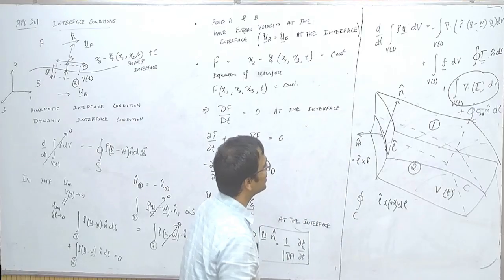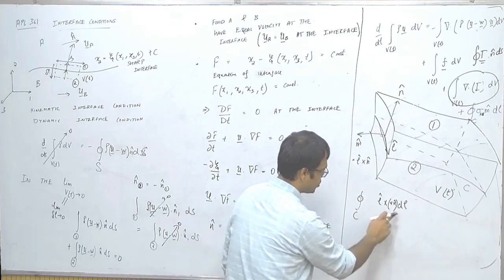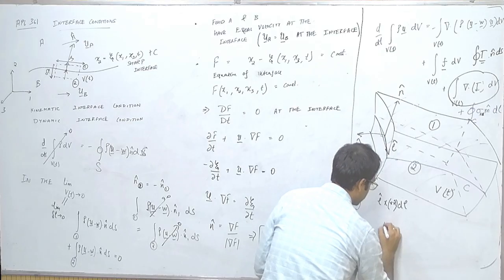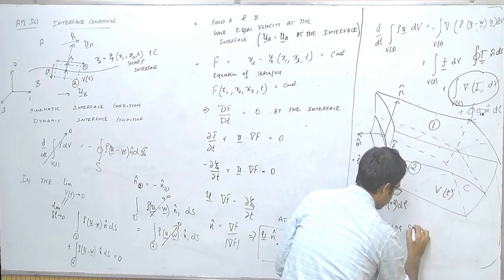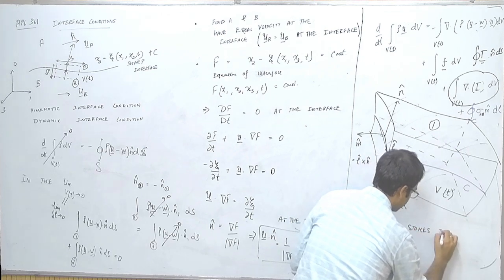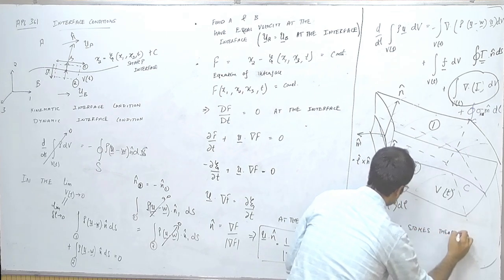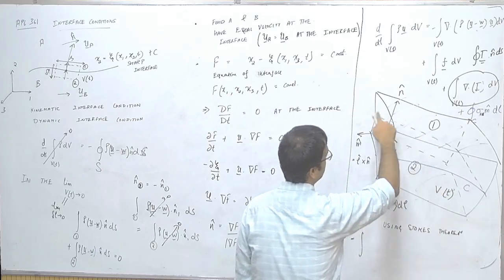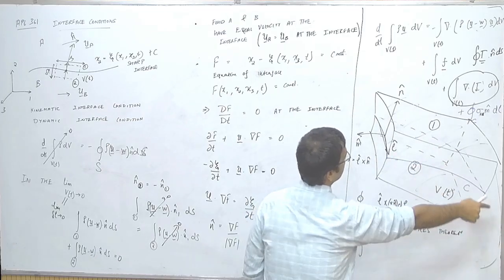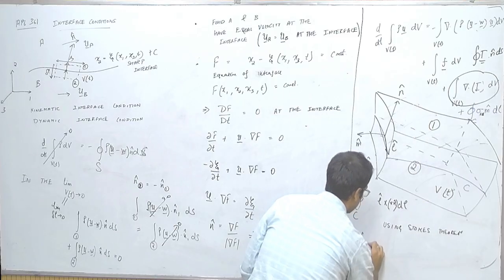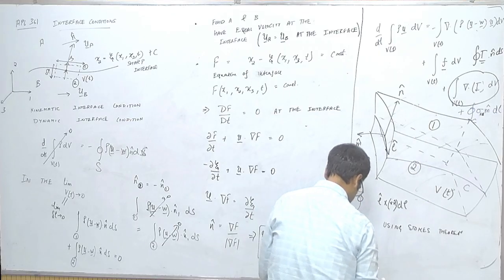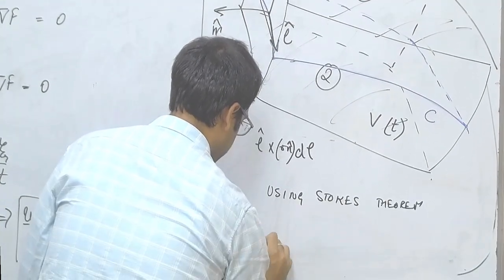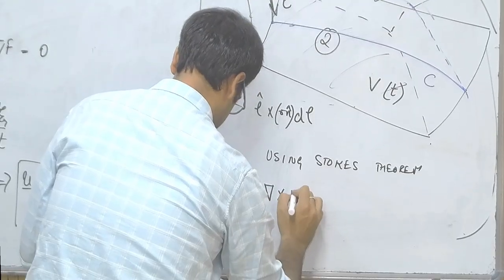I was actually going to write it, and the thing is, using Stokes theorem, you can show that this is equal to the surface that this curve is enclosed by, and that is n cross del cross sigma n.